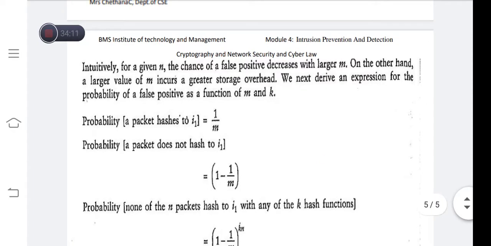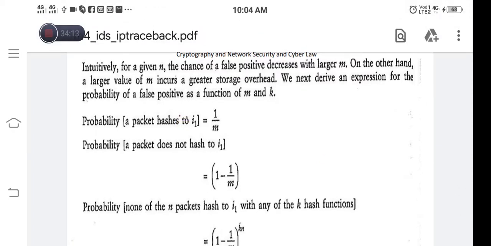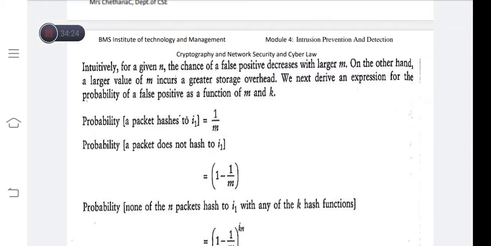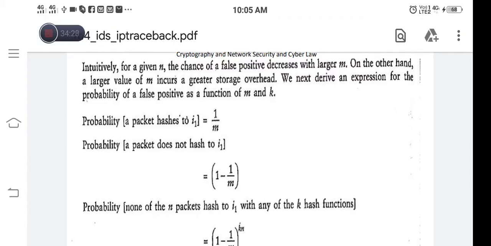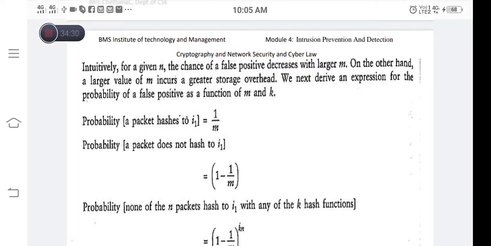The first probability is that a packet hashes to the index I1, which is equal to 1 by m. Then the second probability is that a packet does not hash to the index I1, which is 1 minus 1 by m.